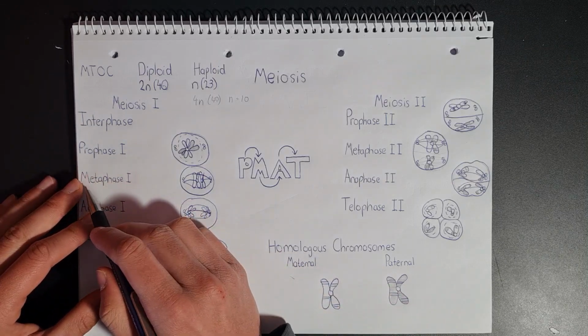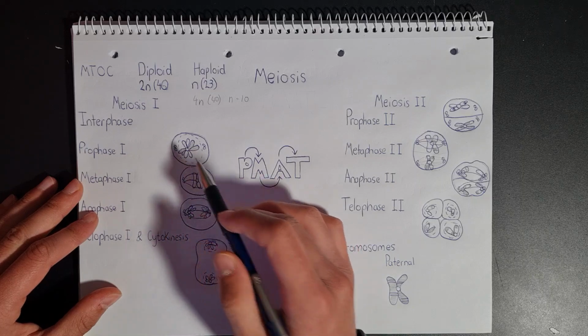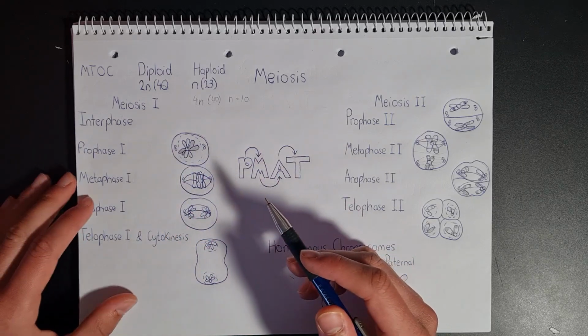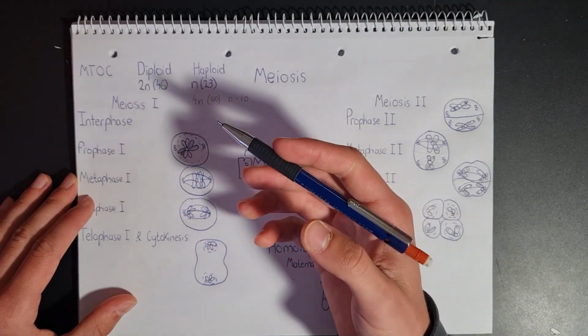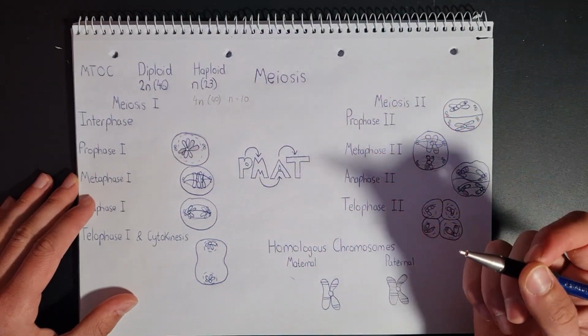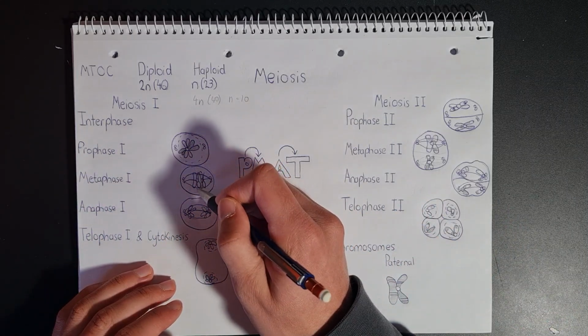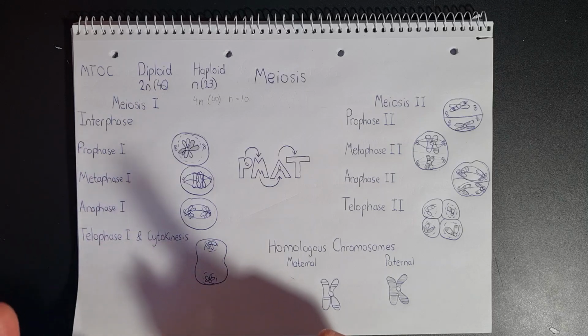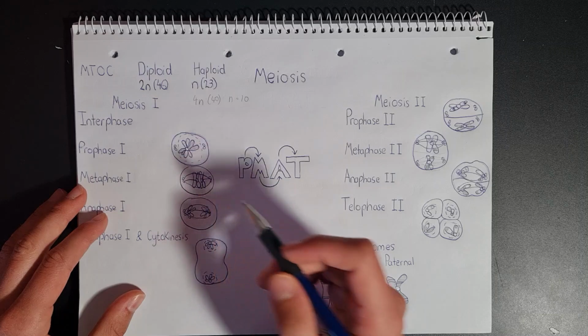Now, let's look at metaphase 1. The spindle fibers attach to the centromeres of the chromosomes, and the homologous chromosomes randomly orientate themselves at the cell equator. This is another source of genetic variation, the random orientation of the homologous chromosomes.